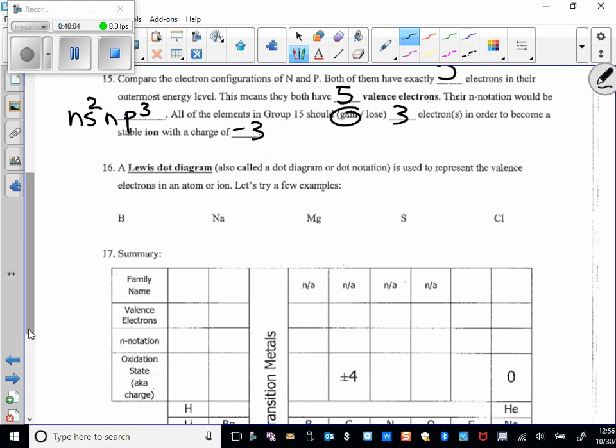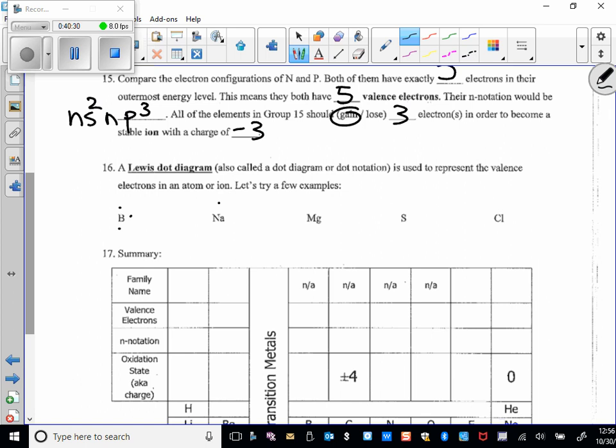Boron has how many outside electrons? Group 13. How many electrons in the outermost shell? 3. Are you looking at those little sticky notes? Can you see those sticky notes on top of the group number? So boron will have how many? 3.